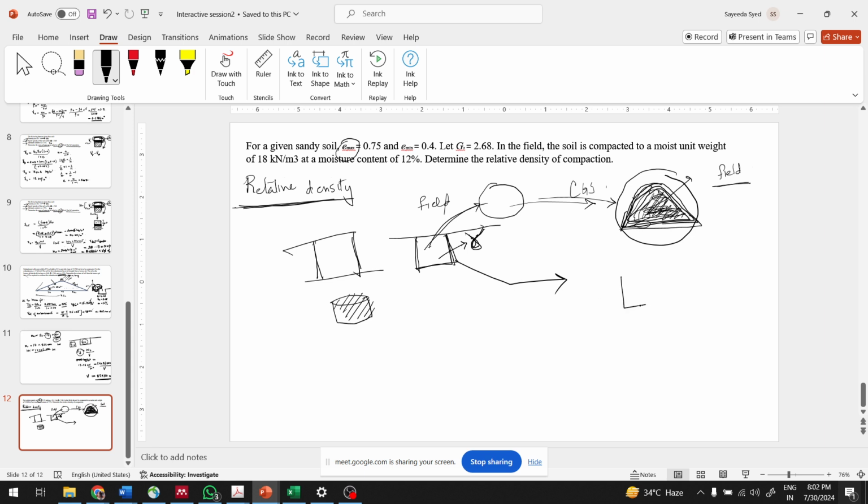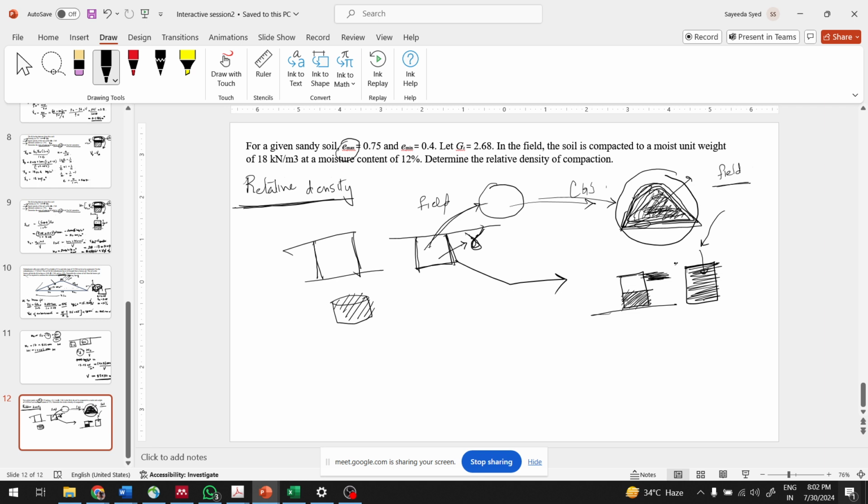If you take a soil in a container and you shake it, vibrate it, it will densify to a maximum limit. And if you pour the sand loosely from a height, you can fill this whole container.